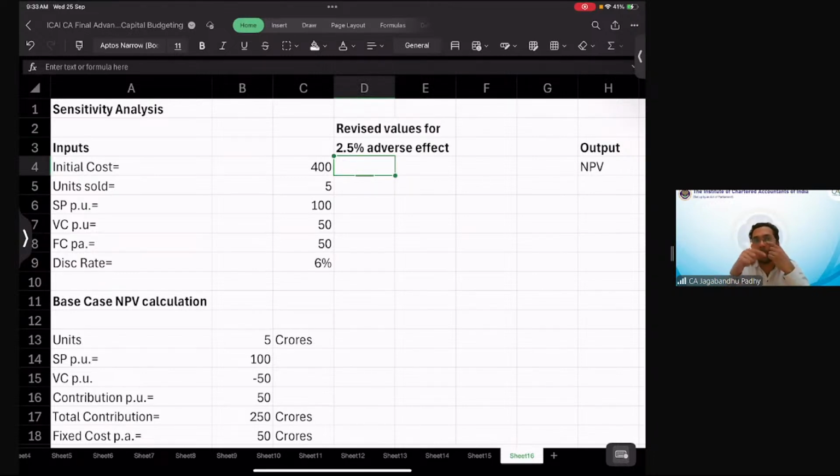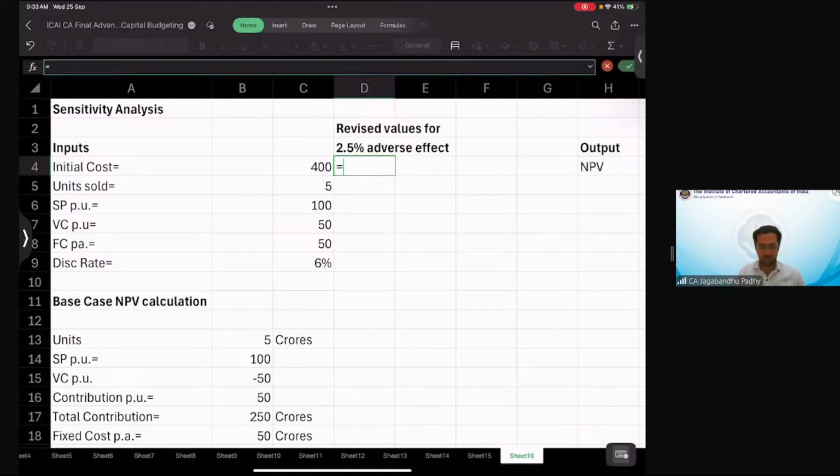Should the initial cost be increased or should it be decreased? Because my objective over here is what adverse impact it can have on my NPV. Of course, it should be increased, right? Because I want to know what will be the adverse impact of the change in initial cost.